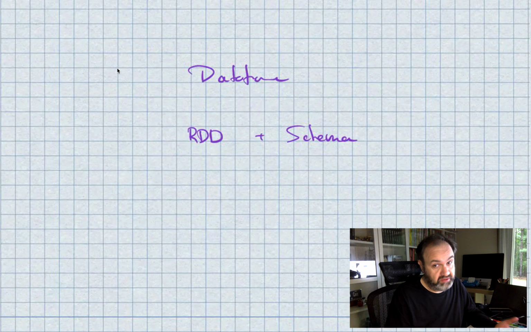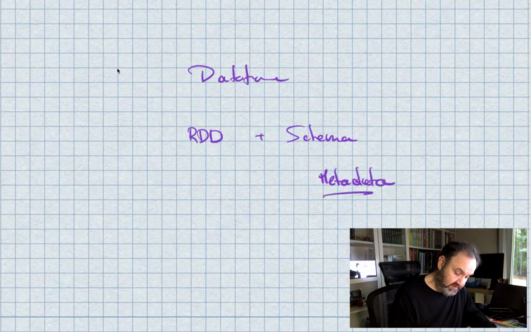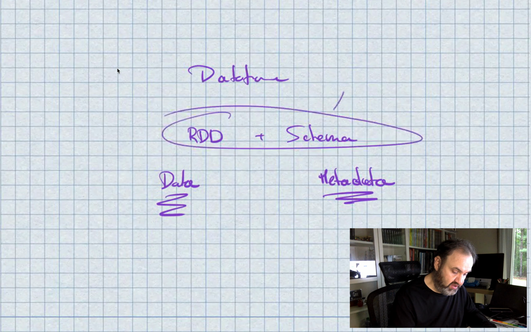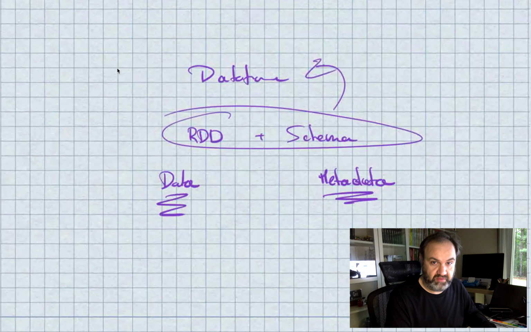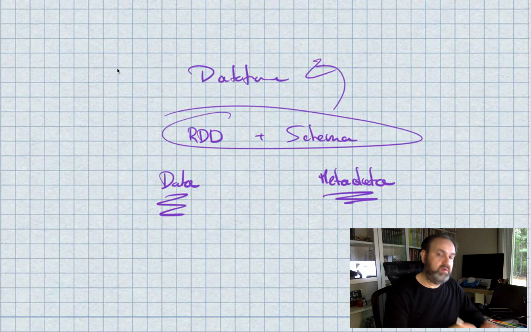Okay, so we talked about metadata in previous episodes. So that's metadata, and that's, well, it's data. So you're combining both the RDD and the schema, and you're getting a data frame. So let's look a little bit into those details through code.